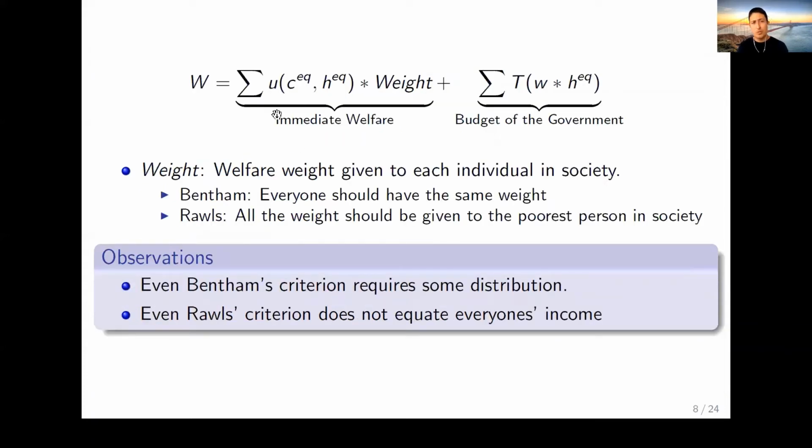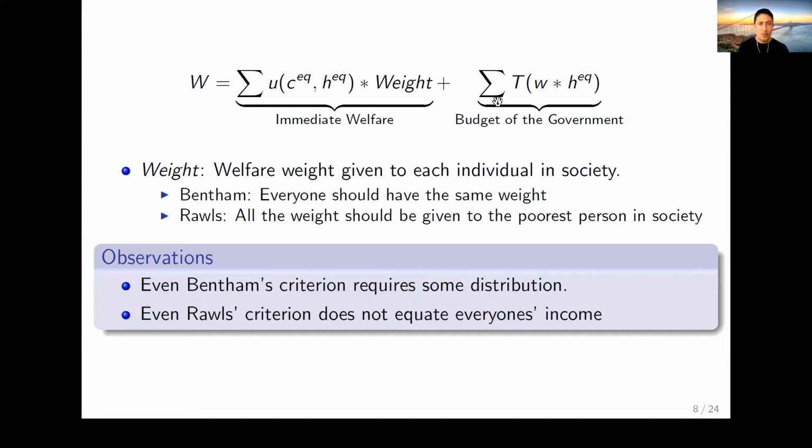So given those assumptions and those formulas, the welfare of a society is going to be the sum of the utility of all taxpayers, which is pretty much what we said, the utility of consumption and hours, multiplied by a weight. And this weight here is what I'm calling a welfare weight given to each individual in society.